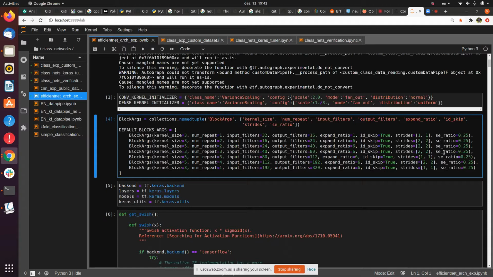SE ratio means squeeze and excitation block ratio. These things they give by default for a base block. Once you build this base block, you need to pass width, height.